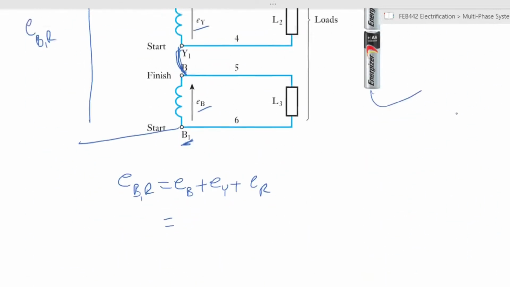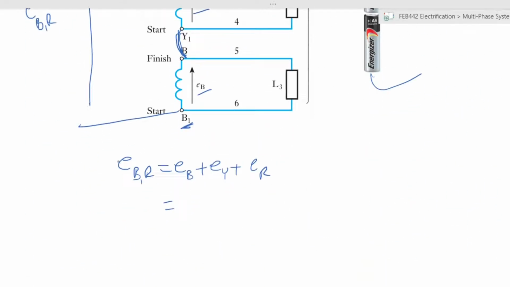Now, if we add all these together, you have EM sine theta plus EM sine theta minus 120 plus EM sine theta minus 240. Let's group them all together.